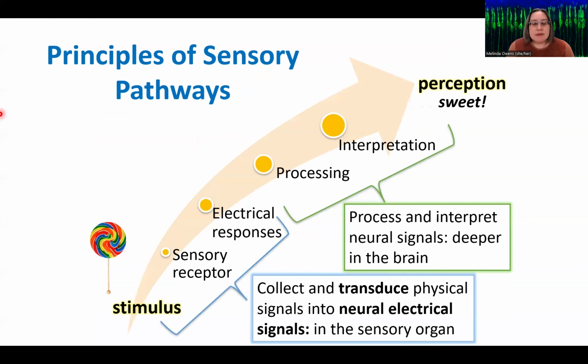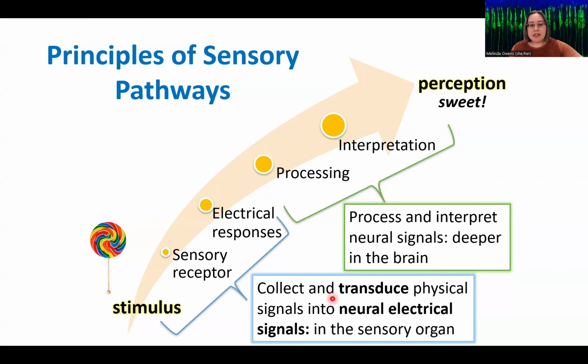How do we sense things? Basically, what is sensing? It's taking stimuli from the outside world, and they affect our body in a certain way and cause a certain perception. So it all starts with a sensory receptor. This could be a cell, this could be a receptor in a cell, like a GPCR or something.